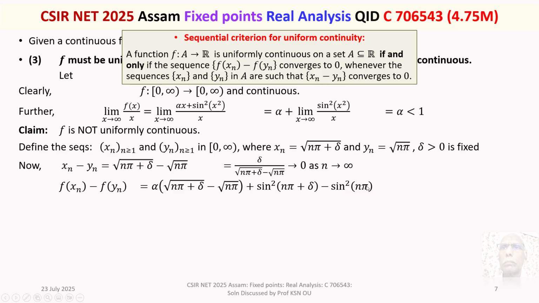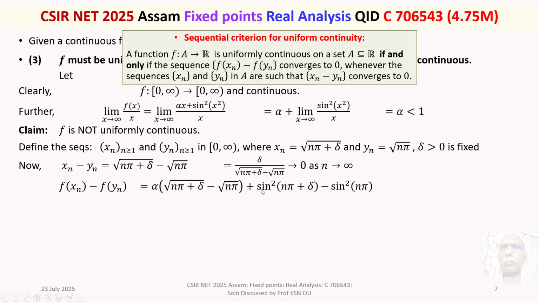And sine n pi is 0, since n is a natural number. And sine of n pi plus delta will be plus or minus sine delta, but it is a square.